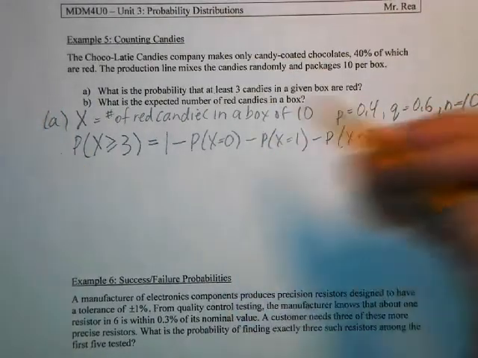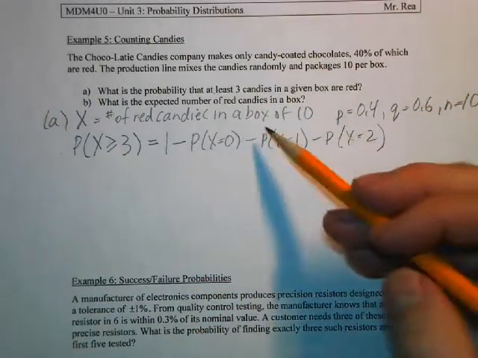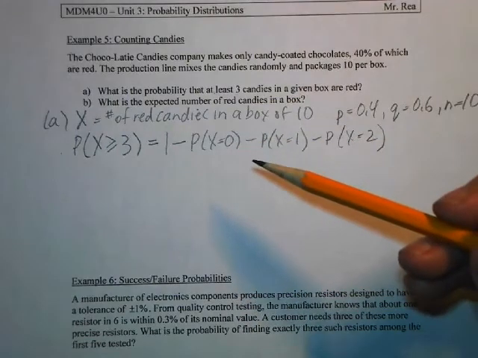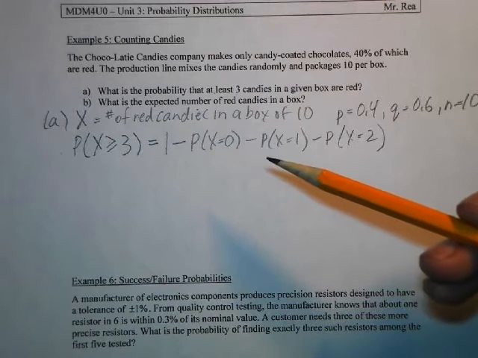That will take these probabilities out and leave us with the probabilities that x is 3, 4, 5, 6, 7, 8, 9, or 10.